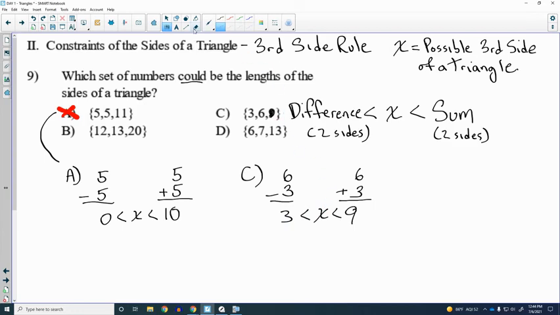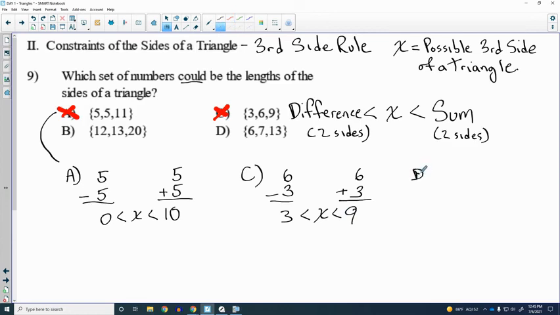So the number that I hid has to be smaller than 9, but bigger than 3. Oh, it's 9. 9 is not less than 9. These are not less than or equal to. So 9 is not less than 9. Therefore, that cannot even be a triangle. Can't be that answer as well.